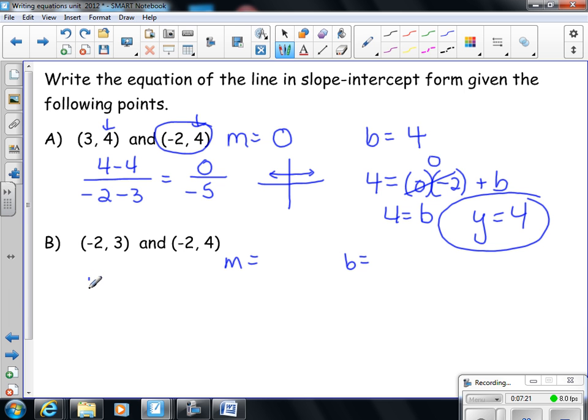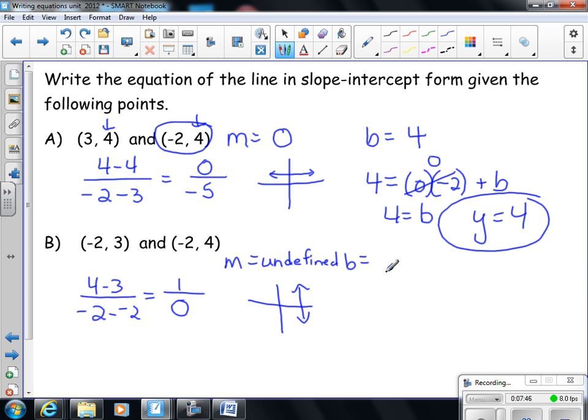Okay, so to find the slope, I do the change in y over the change in x. And I get 1 over 0. Okay, I cannot do this. This is undefined, so your slope is undefined. Now, when you think of a slope that's undefined, we're going to be going up and down. It's a vertical line.